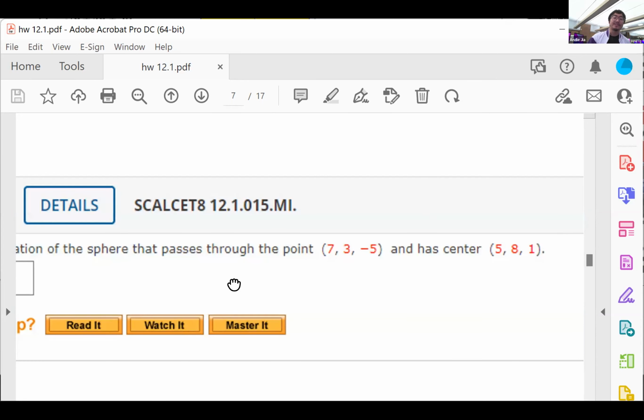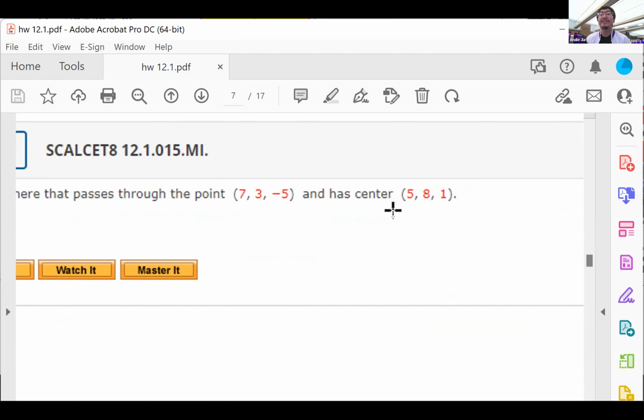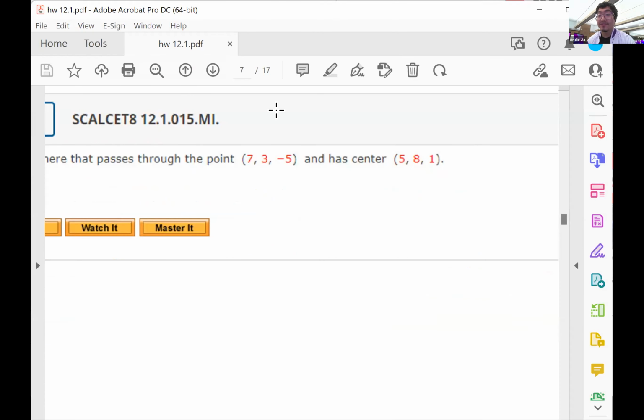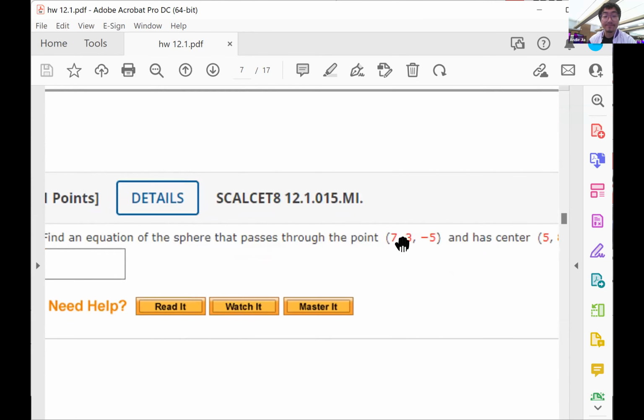So for number 7, just find the distance between the two points, and then find the radius of the sphere, and then just put the points back in and reconstruct the equation of this sphere.